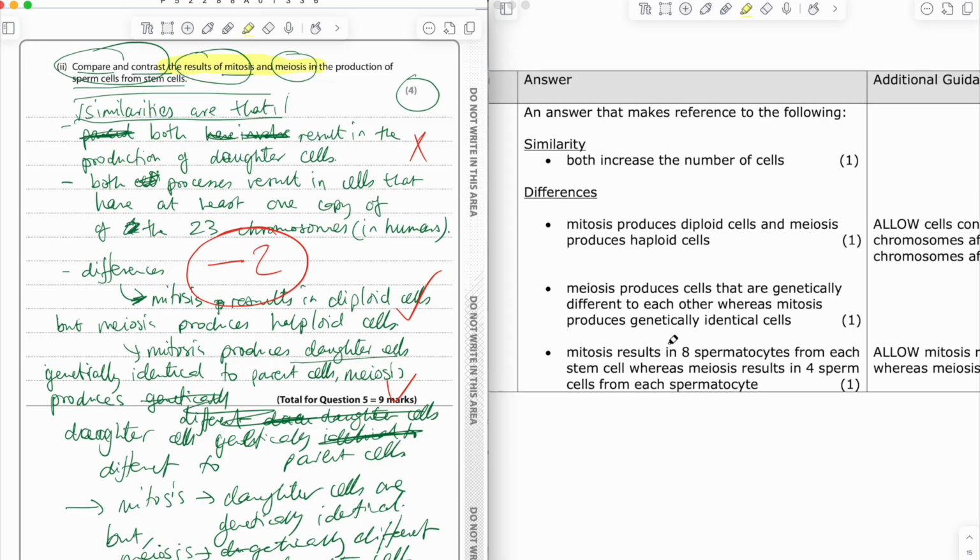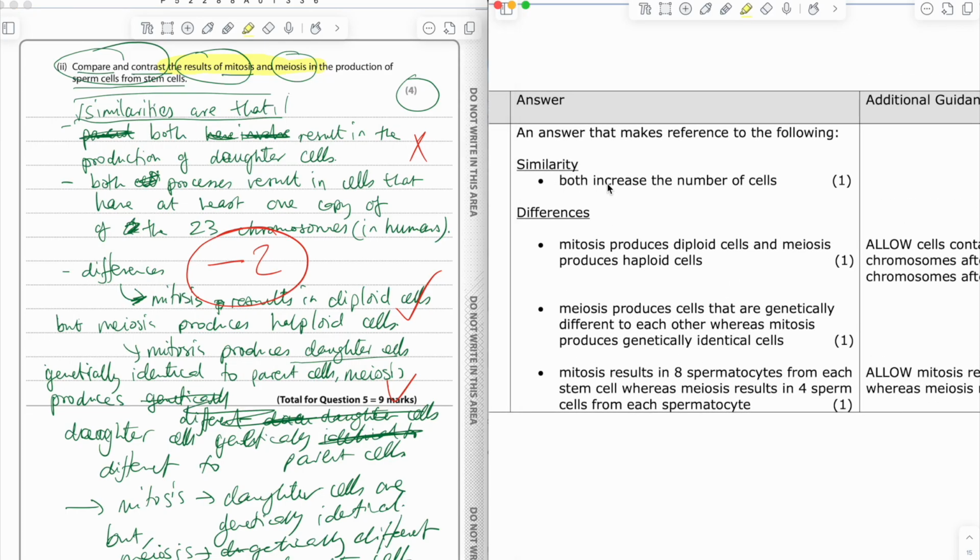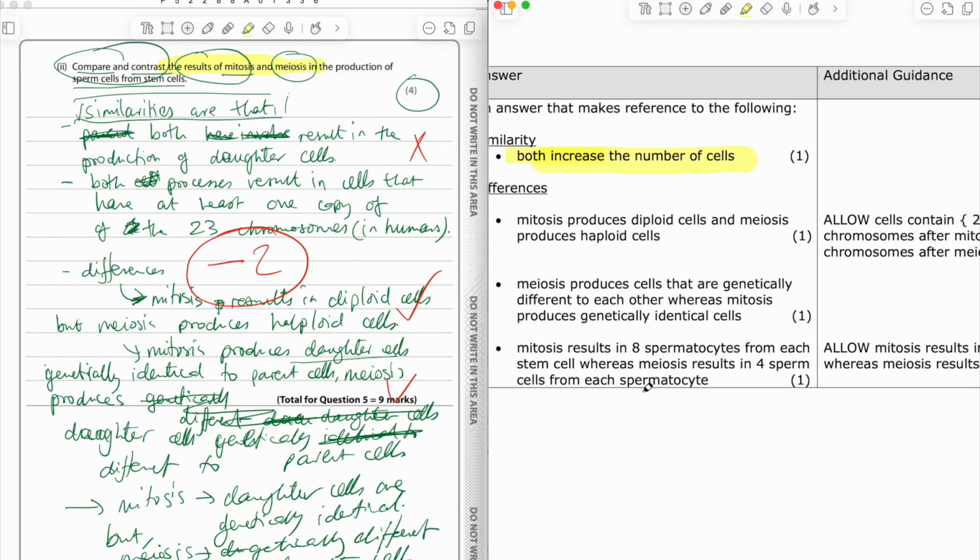I didn't say the super obvious thing, which is they both increase the number of cells. That was dumb. In terms of mitosis producing diploid cells, I got the second marking point, and meiosis producing haploid cells, I got the third, but I didn't comment on the number of cells.